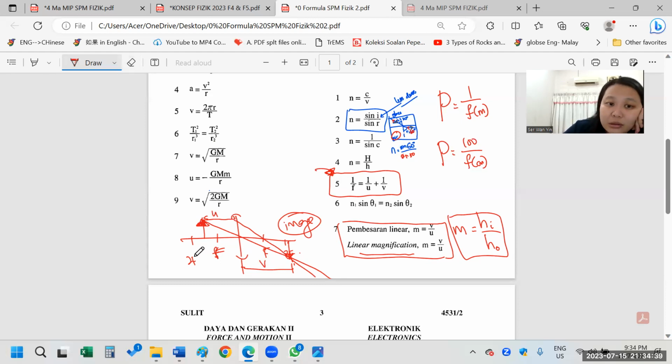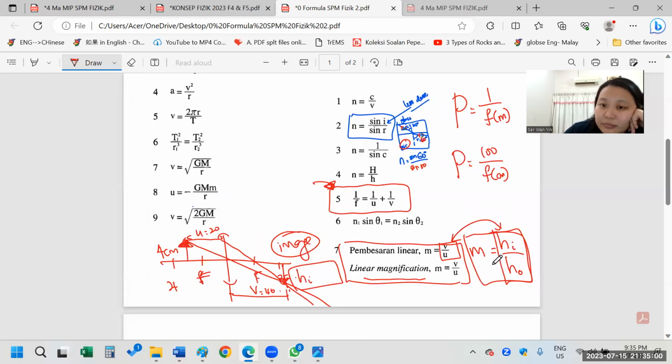Or sometimes they'll give, this is 4 cm, let's say U is 20, F, V is 40, then what is the height of the image? So we will simulate these two formulas. So here the two formulas are not given.